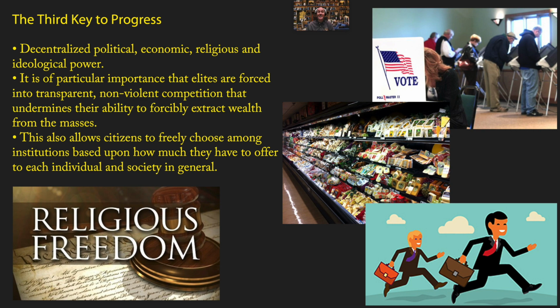So because of that, they were no longer able to forcibly extract wealth from the masses. This enables citizens to choose through elections and through the marketplace, and by choosing what church they want to worship at. They can choose what institutions work for them, what offers the most for the individual and society in general. So that forces the elites to give the people what they want, which is a higher standard of living.